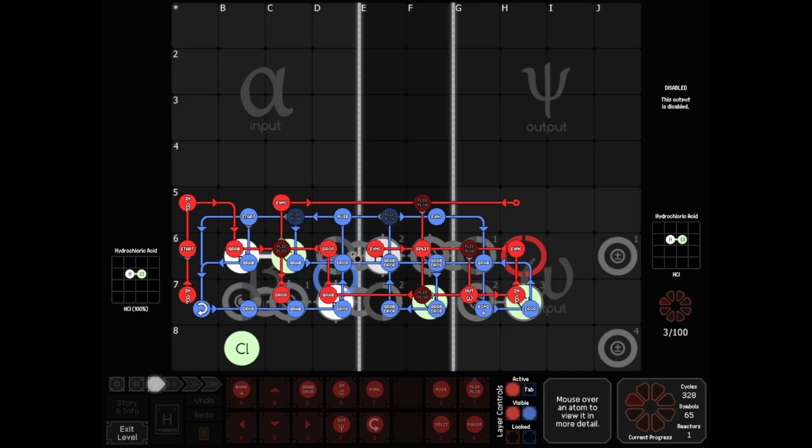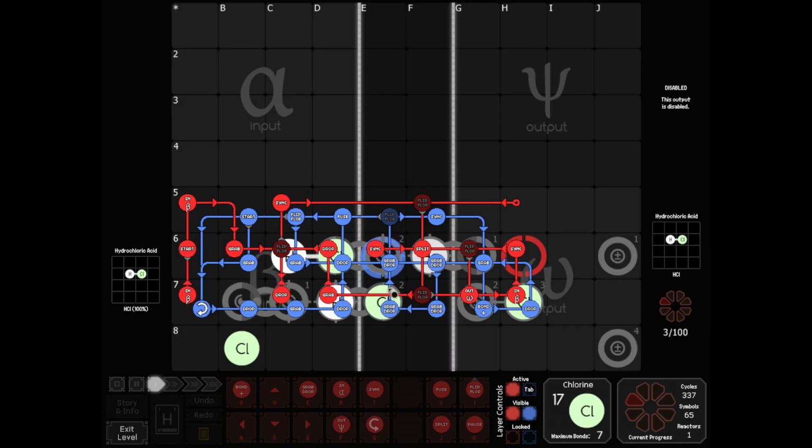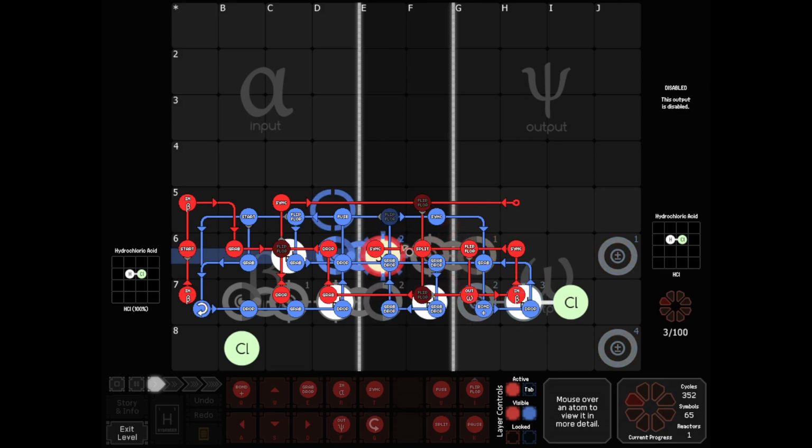And blue has the more complicated path, which is like swapping those two around, hitting the sink in between, bonding and dropping over there, and also grabbing a new atom from here, which conveniently is either a chlorine from the input or then a hydrogen that gets left there when the chlorine fuses across this wall.